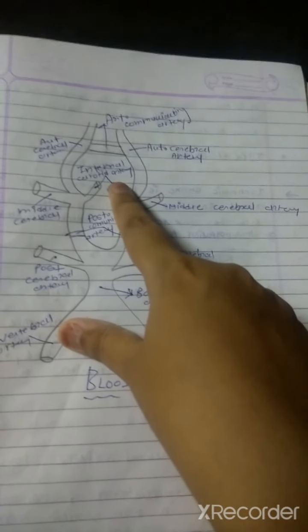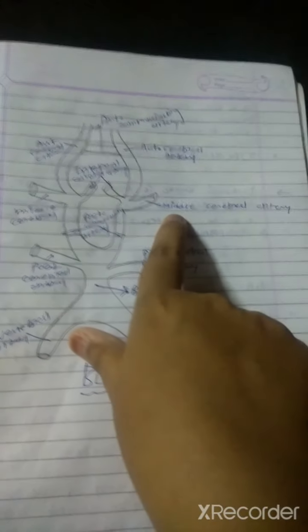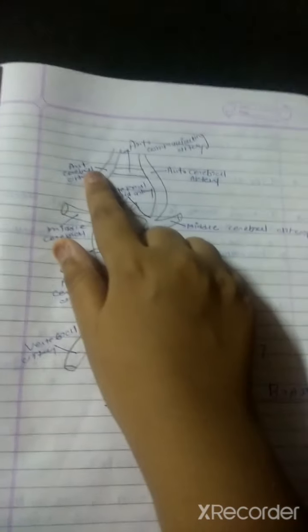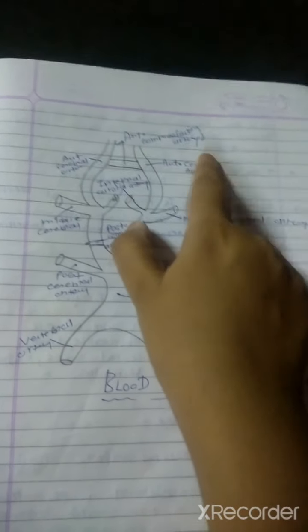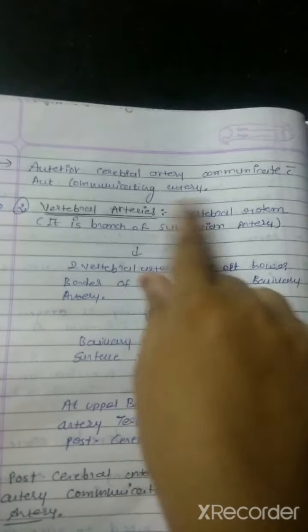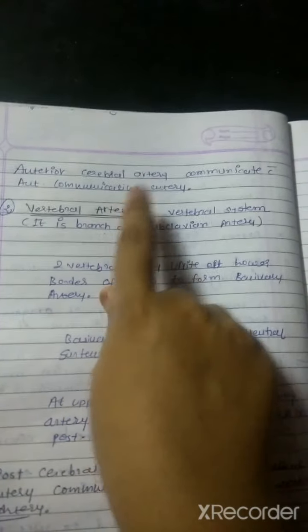See here in this diagram, this is the internal carotid artery that bifurcates into the anterior cerebral artery and the middle cerebral artery. Both anterior cerebral arteries communicate with the anterior communicating artery.